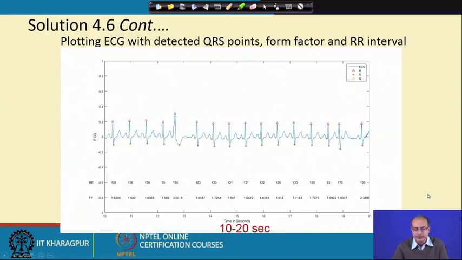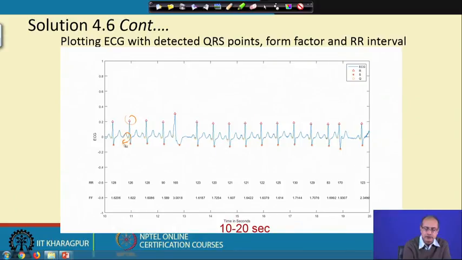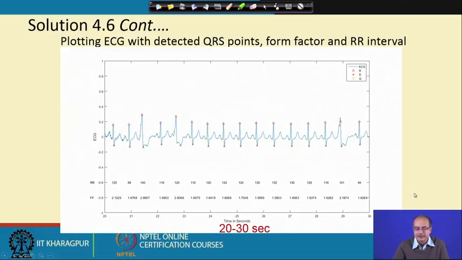Next, we look at the 10 to 20 second. Again, for the ECG, we have marked the R, then Q, this part, and S, and the corresponding RR values and the FF values we have given below. Now, after that we look at the next segment, 20 to 30 second.